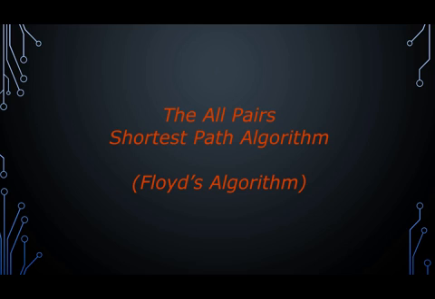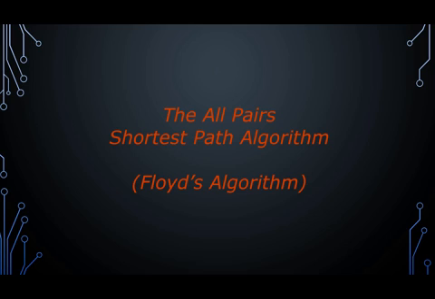This Floyd's algorithm is also called Warshall-Floyd's algorithm for a very simple reason. The initial method of solving the problem was not for the shortest path but for connectivity, right? The connectivity between any two nodes was being tested using Warshall's algorithm.